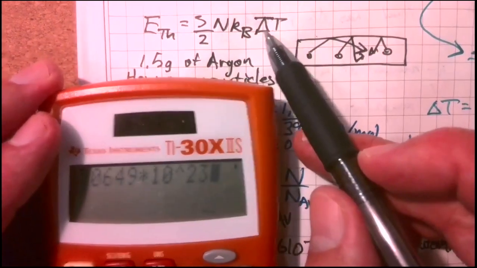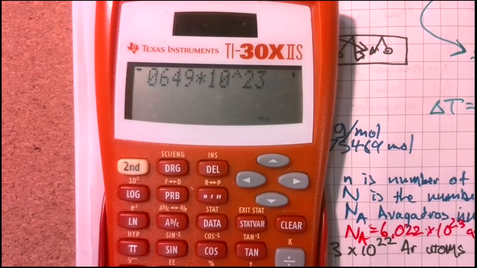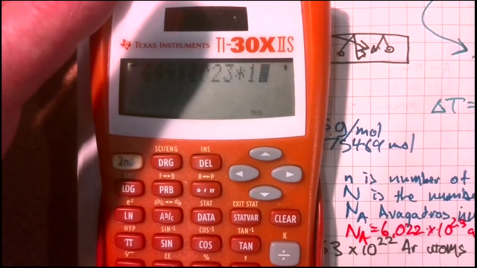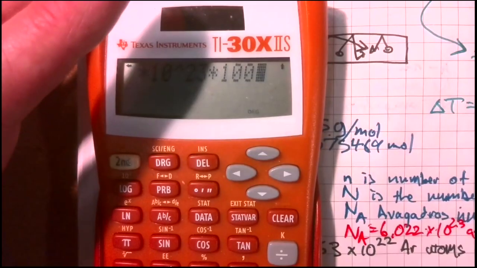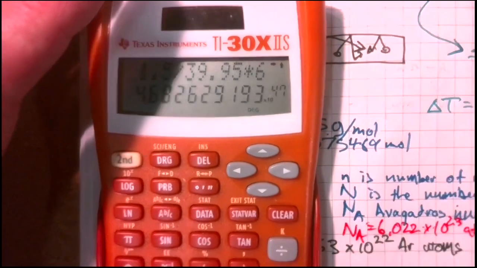And the temperature change, delta T. What did the problem say? Way back when we were talking about this problem, oh, it's 100 degrees Celsius. Okay, we're going to put in delta T times 100. Okay, let's just review here. I'll press enter.